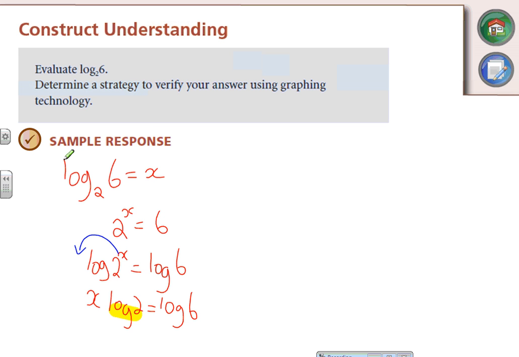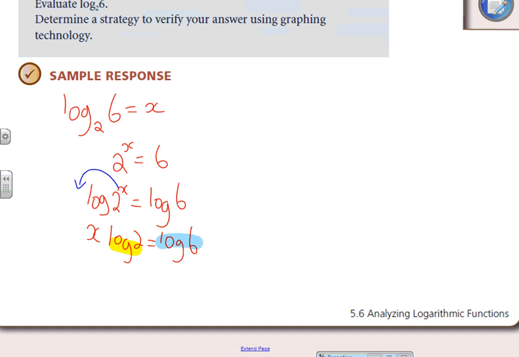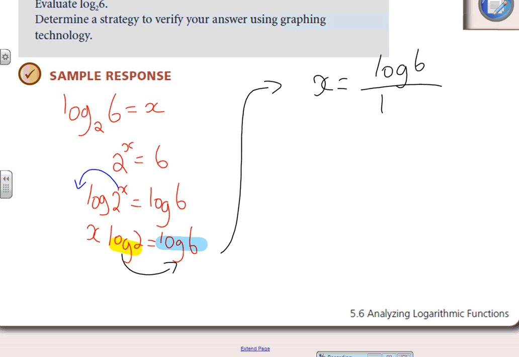It's irrational. But it's just a number just like any other number. Log of 6, that's just a number. If I want to isolate my x now, I can just divide my log of 2 over to the other side. So it looks like x equals log of 6 divided by the log of 2.